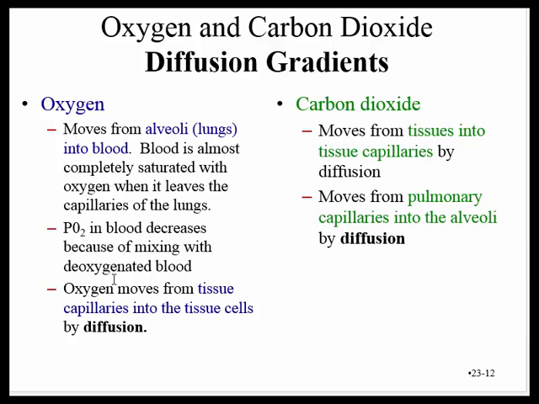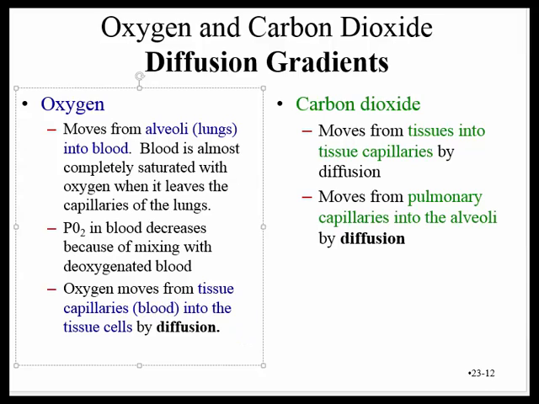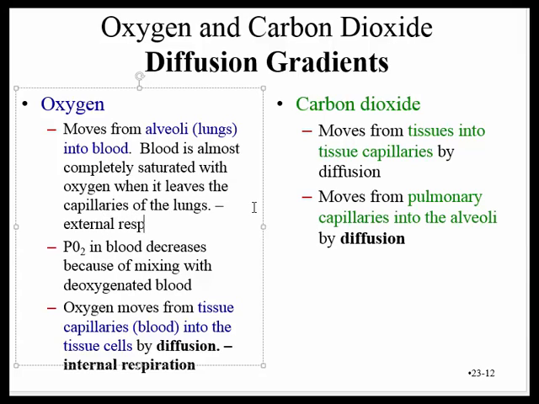The pressure is decreasing, and then oxygen will move from the tissue. This says tissue capillary. So basically moving from the blood into our cells. This sentence here represents what's called internal respiration, and this part up here is the external respiration.